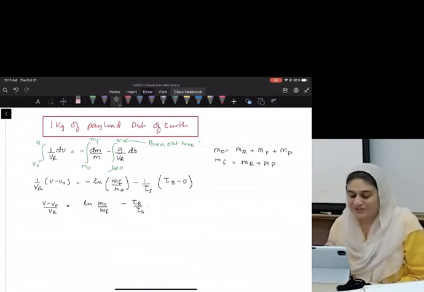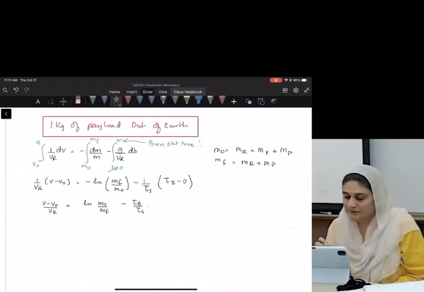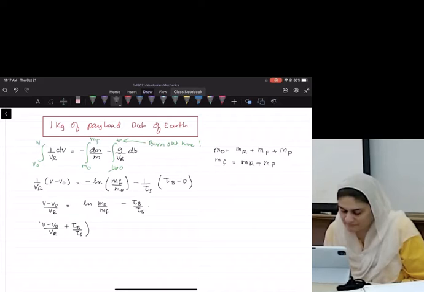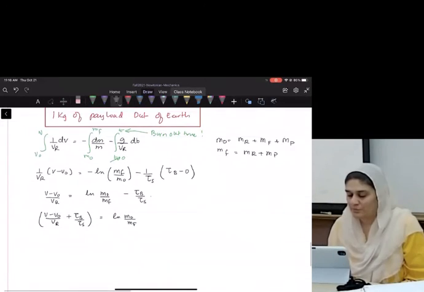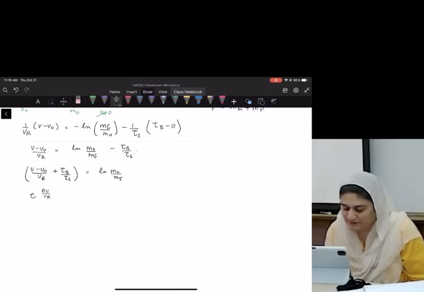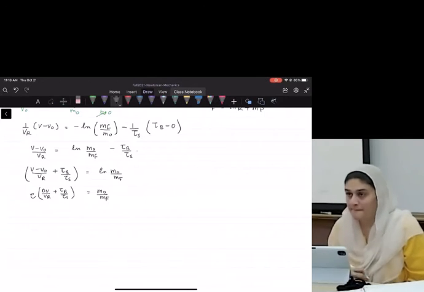Okay. So this means I can rewrite this as V minus V0 divided by VR plus TB over TS equals log of M0 over MF, which means I can rewrite this as E to the power delta V over VR plus T burnout divided by TS equals M0 over MF.